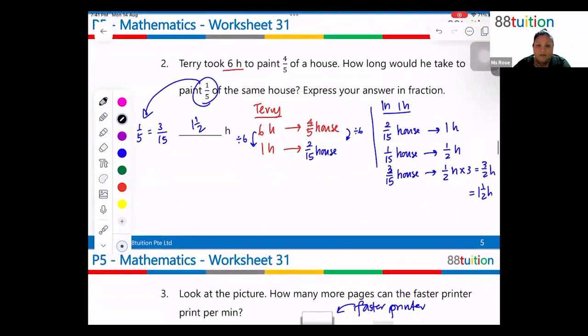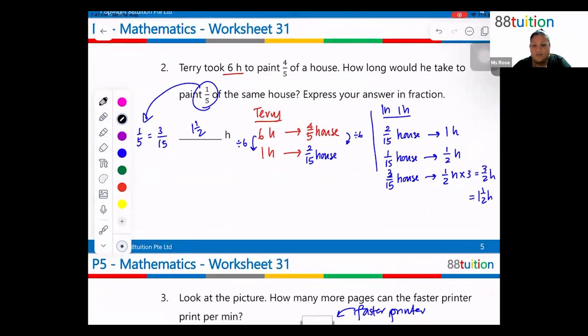Now, someone asked me to explain question 2 again, so I'm just going to go back to the 1 hour part. Which one? Red or blue? Blue, okay. I'm going to use a different color, green.